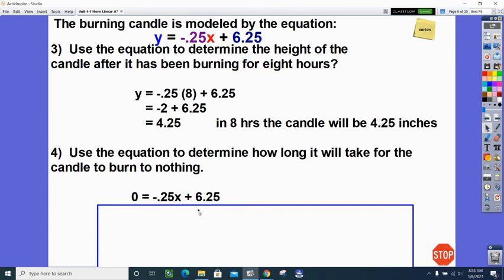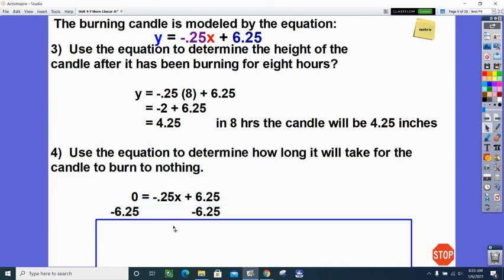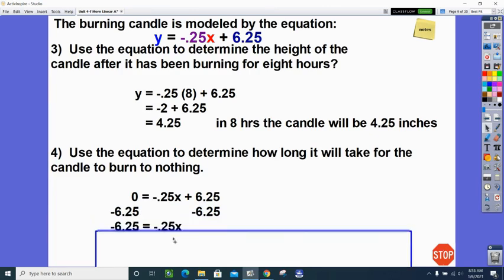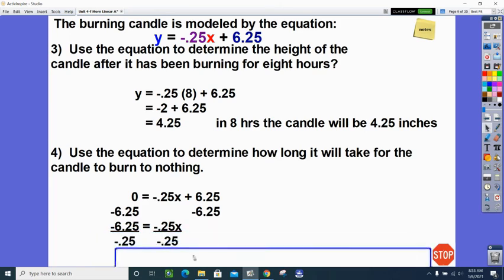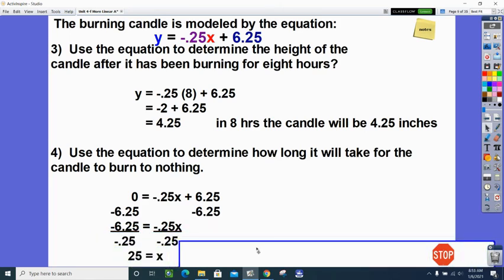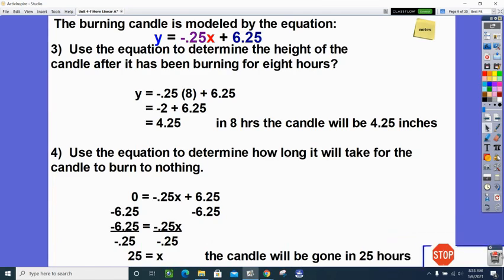Again, I'm not grading on steps, but it is absolutely okay to write them. You should have started by subtracting 6.25 on each side. And then we're going to divide by the negative 0.25, and our x will be 25. What does that mean? It means that in 25 hours, that candle is gone. So if you lit it, it would take just over a day to completely burn down.